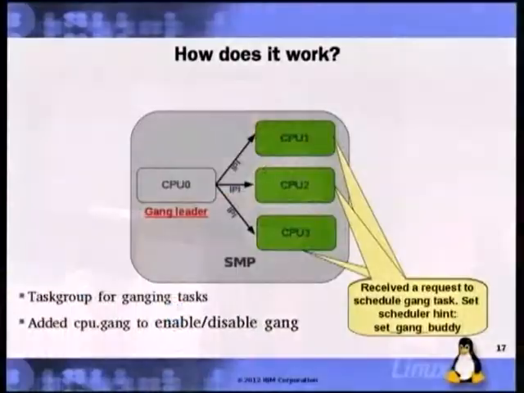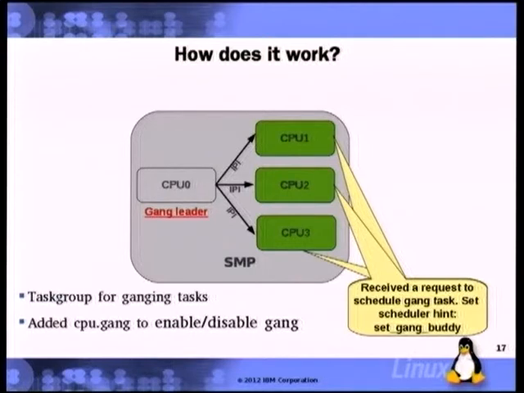The CPUs, when receiving an IPI, would know that it's a gang task that has to be scheduled, and will look into its run queue. If it has a task belonging to the same gang available on the run queue, it's basically going to influence the scheduler, saying pick this next, set a gang buddy, and do a reschedule.